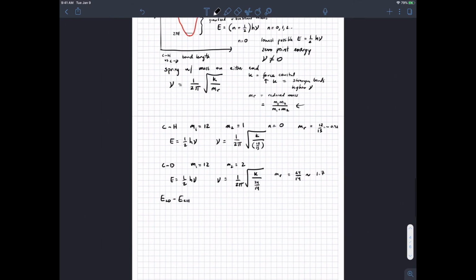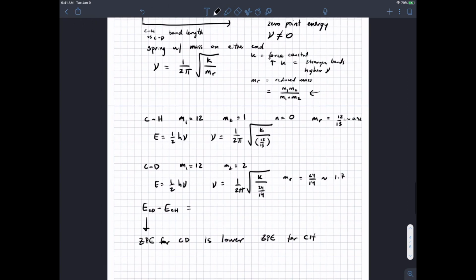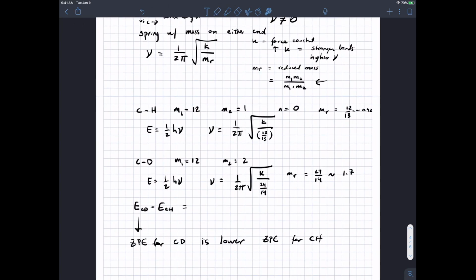And we could come up with a number for that based on the numbers we've calculated so far. And what we would find is that the zero-point energy for the CD bond is lower than the zero-point energy for the CH bond. That follows in a pretty straightforward way from our calculations. Notice these frequencies, assuming the force constant's the same, we got a bigger denominator here than we do here.